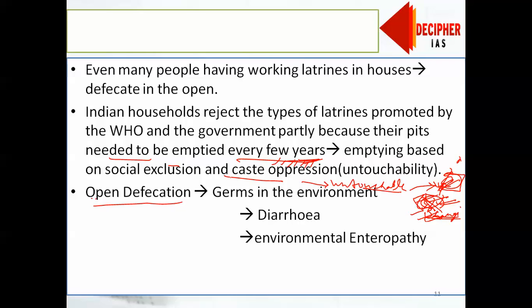And also environmental enteropathy. Wherever entero is used, it means intestine, and pathy means diseases. So environmental enteropathy is an inflammatory response of the intestine to repeated exposure to germs spread by open defecation. It reduces the ability of the child's intestine to absorb the food or nutrition provided to the child.